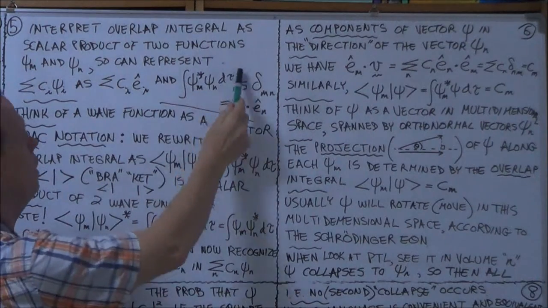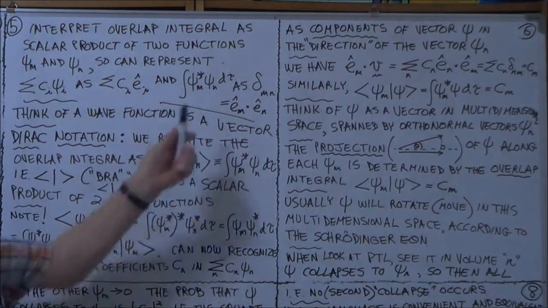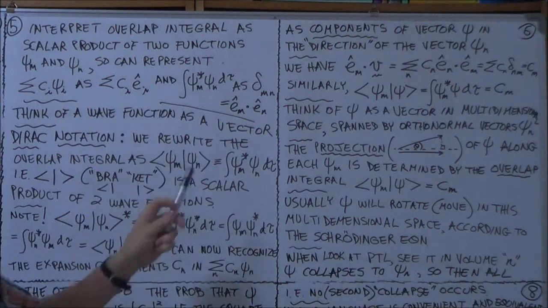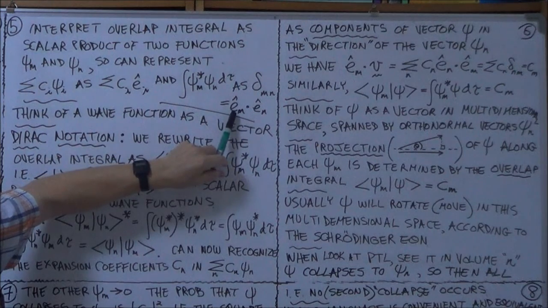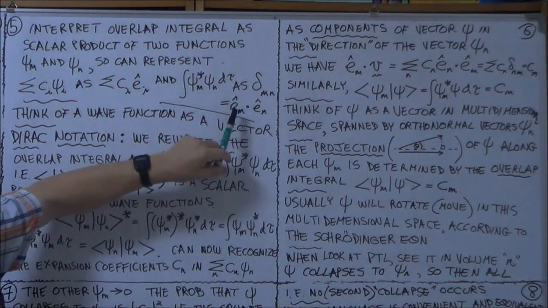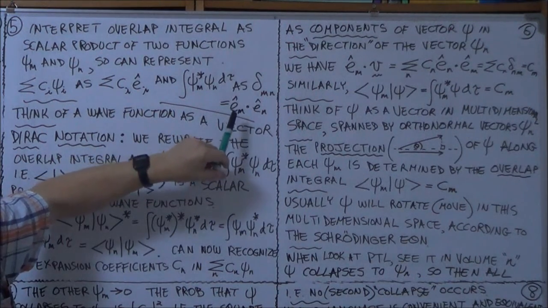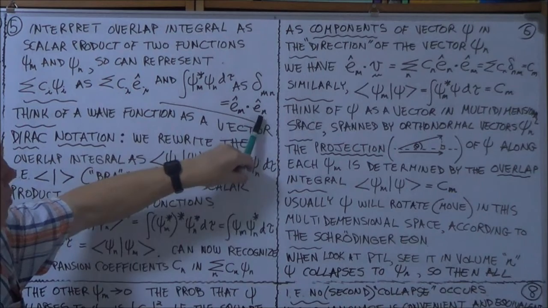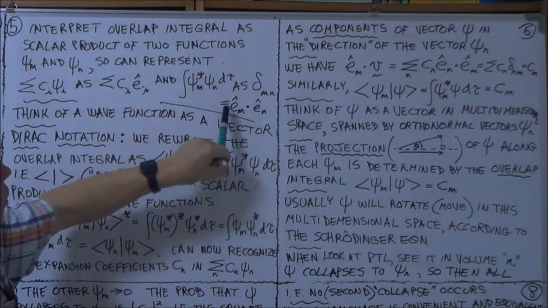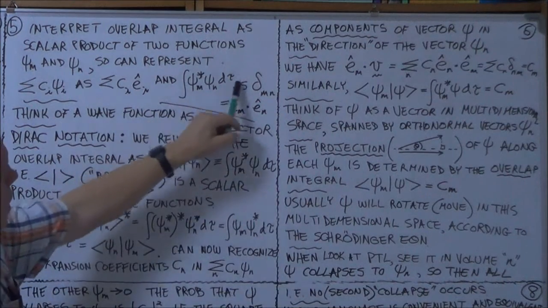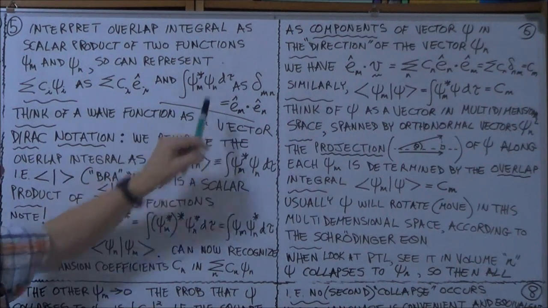Here is your overlap integral. So think of that now as a dot product of unit vectors, where this unit vector here is the translation, if you like, of the wave function psi m, and that would be the wave function of psi n. The dot product corresponds to taking the integral of these two wave functions.